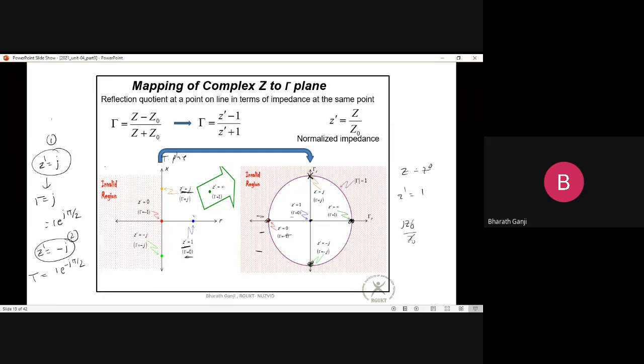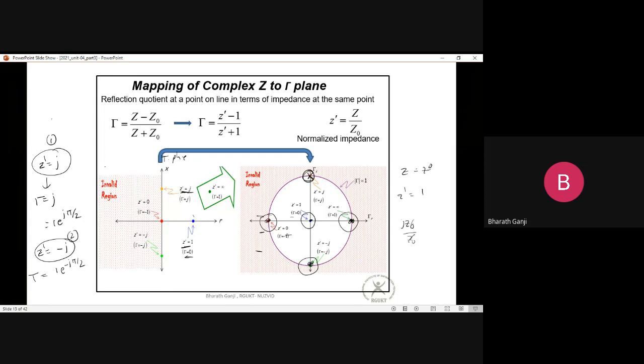So this point on the top, though this is a complex tau plane, corresponds to some kind of inductive load and this point corresponds to some kind of capacitive load, and this point corresponds to a short circuit and this point corresponds to an open circuit and this point corresponds to a matched termination.